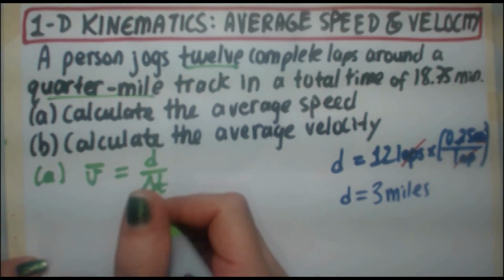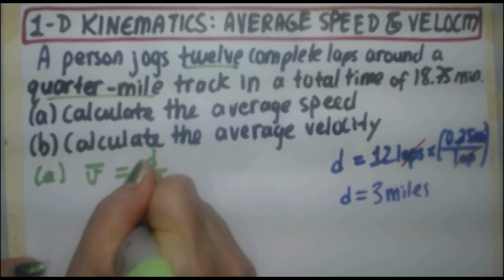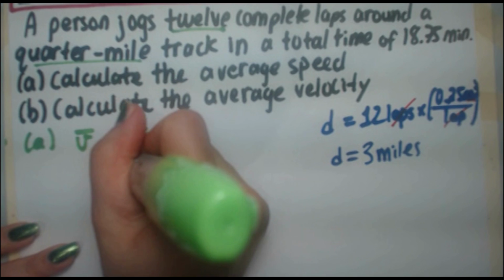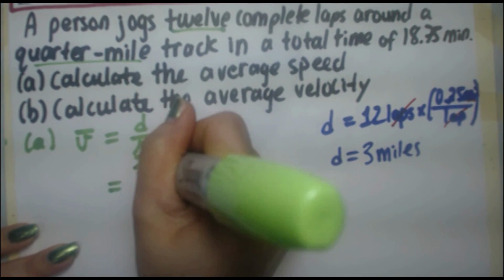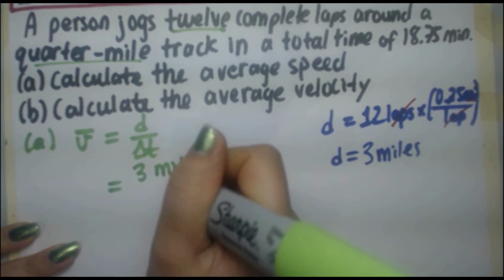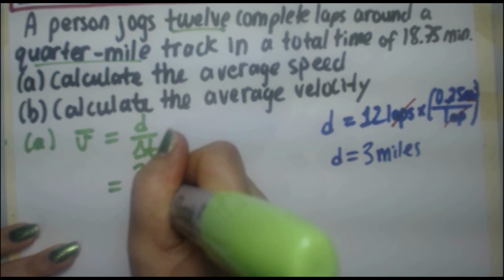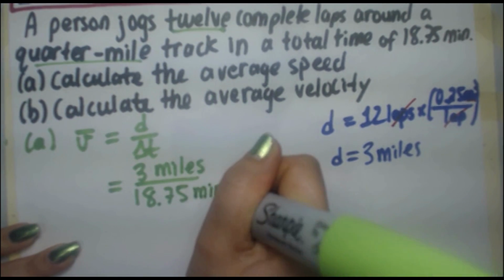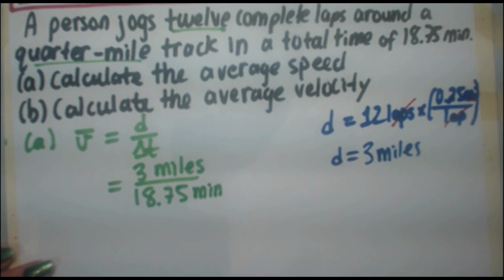Okay, so we're going to go ahead and plug that in up here. So 3 miles divided by 18.75 minutes, which is the total time. We want to convert the miles to meters, and we want to convert the time in minutes to seconds.